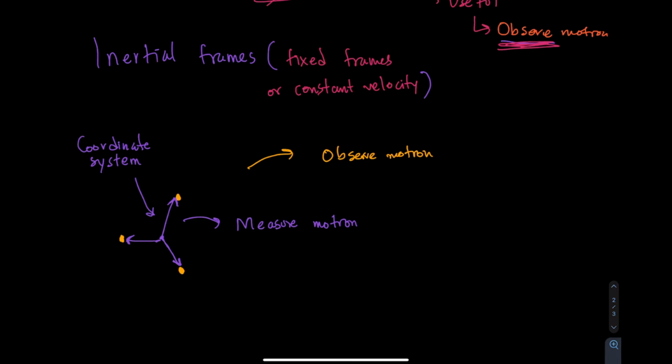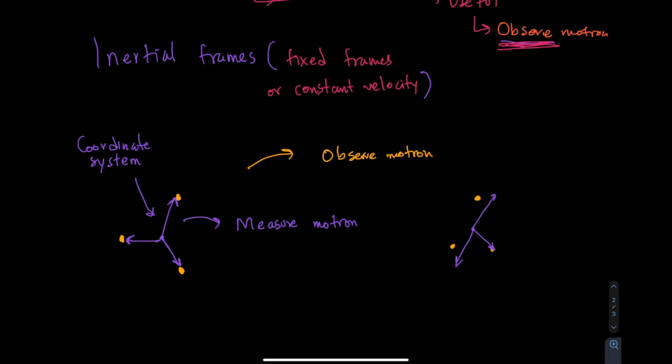And something very interesting is that a reference frame, let me draw another reference frame over here, can be the home of an infinite number of coordinate systems. If you take this vector, this vector, and this vector, we are overlaying a way to measure motion in this reference frame.